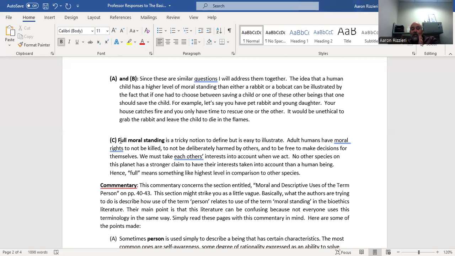Adult humans have moral rights not to be killed, to not be deliberately harmed by others, and to be free to make decisions for themselves. We must take each other's interests into account when we act. No other species on this planet has a stronger claim to have their interests taken into account than a human being. Hence, full means something like highest level in comparison to other species.